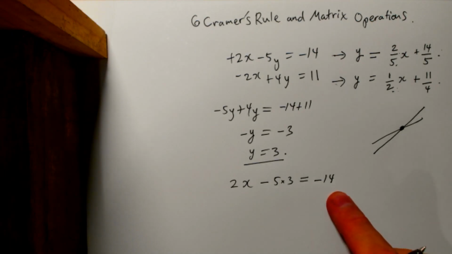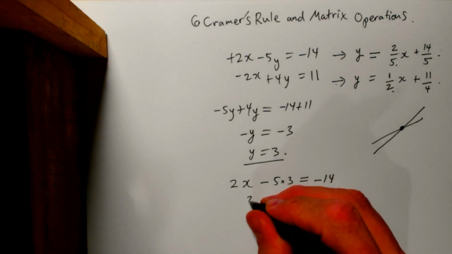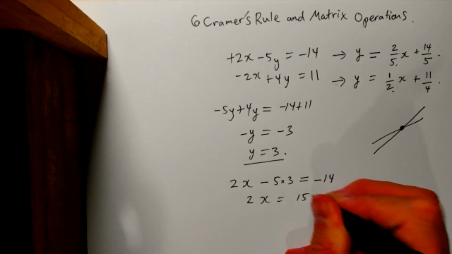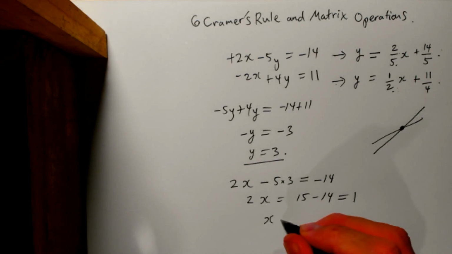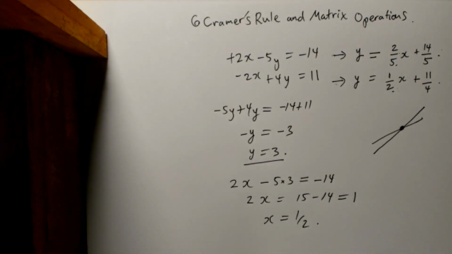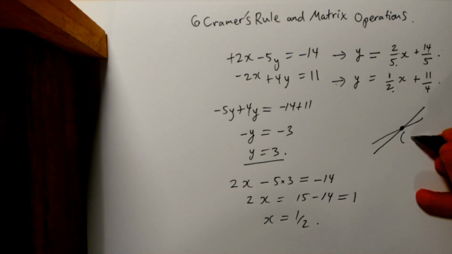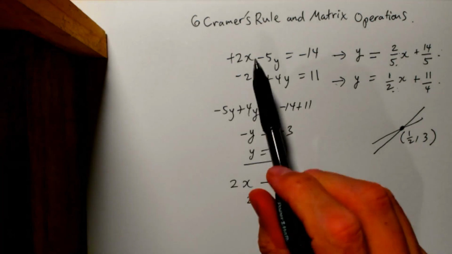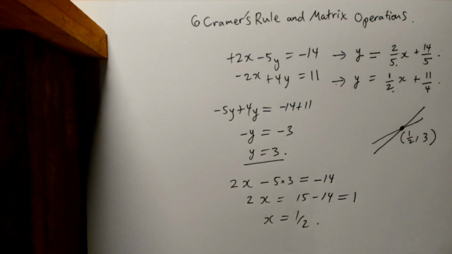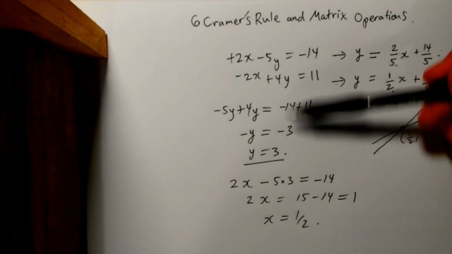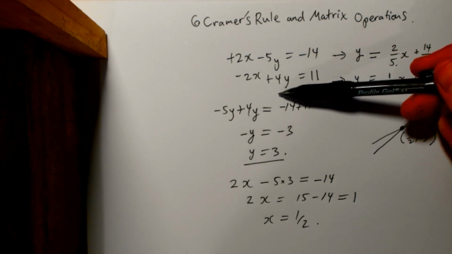We can add that to both sides, and so we would get 2x is 15 minus 14, which is 1, and so dividing by 2 gives x is 1/2. So this point of intersection here is 1/2, comma 3. So x is 1/2 and y is 3 as a solution to the simultaneous system. So that's one way to do it, and I would call this elimination.